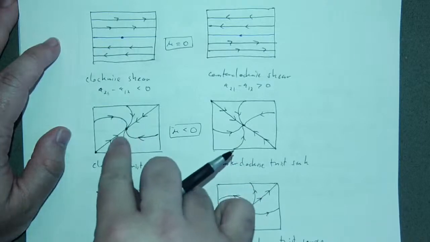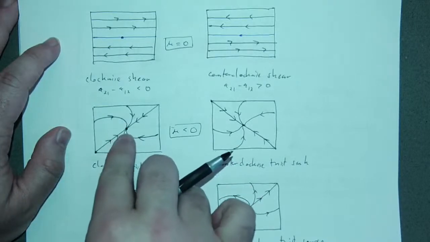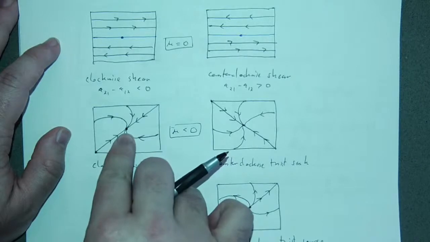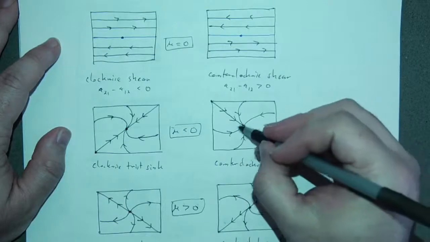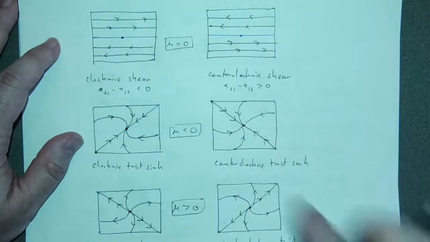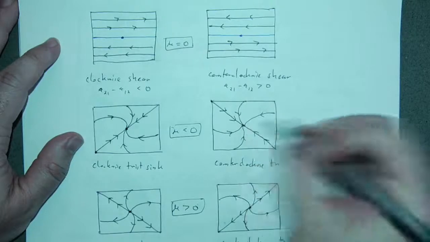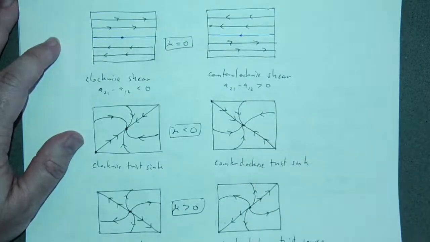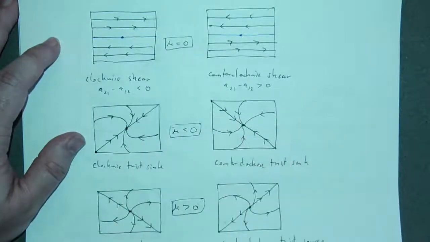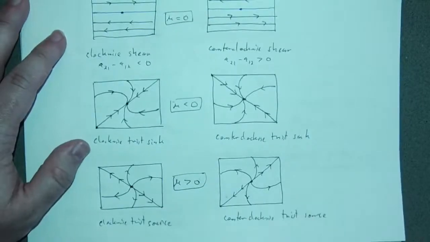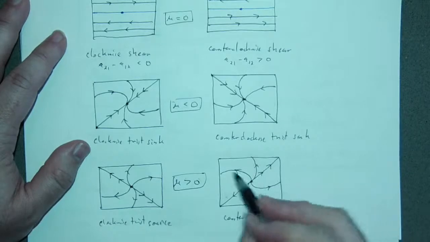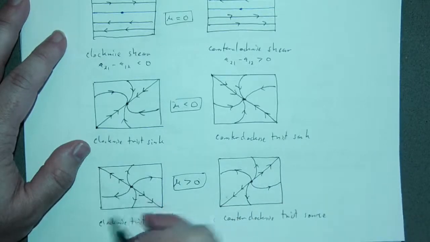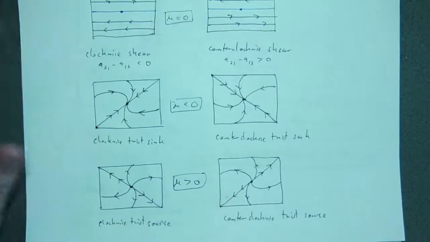So this should be an example of being stable. What about this one? No matter where I am, I'm being pushed towards the origin. So if I'm somewhere near the origin, I get pushed towards the origin. Again, stable. Both of these should be stable. Similarly, if I look at these, no matter how close I am to the origin, I'm being pushed away along every trajectory. So this should be the analog of unstable.